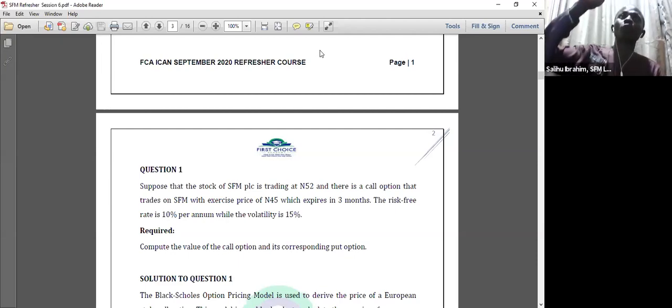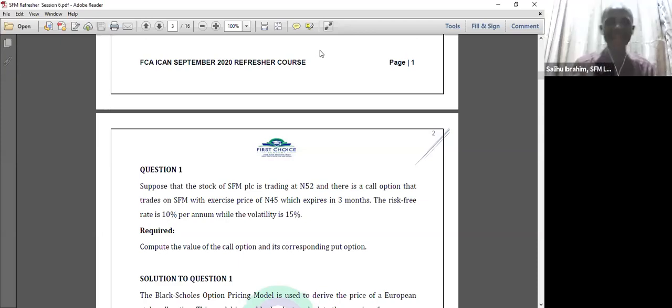Now, to compute the price of the option, we can use two ways in our computation. You can use what we call the binomial option pricing theory, which we are not going to cover here. Now, the second one is the Black-Scholes option pricing theory.